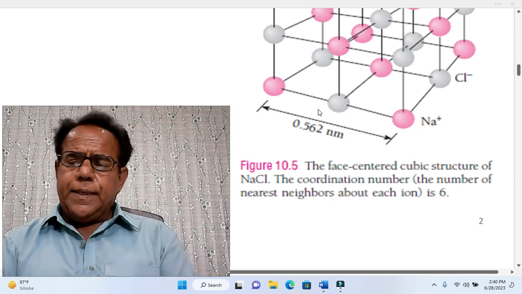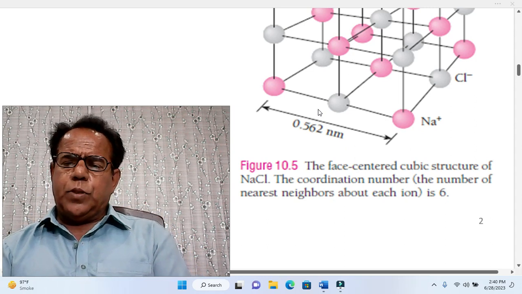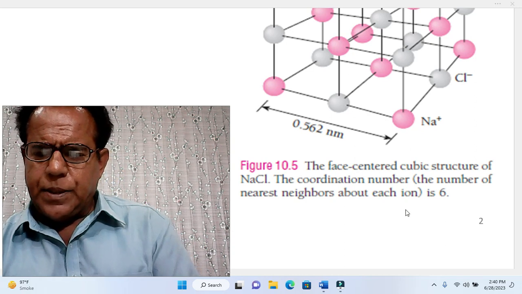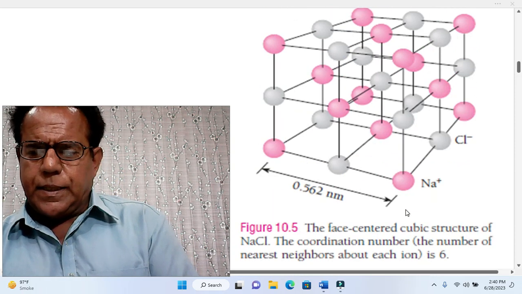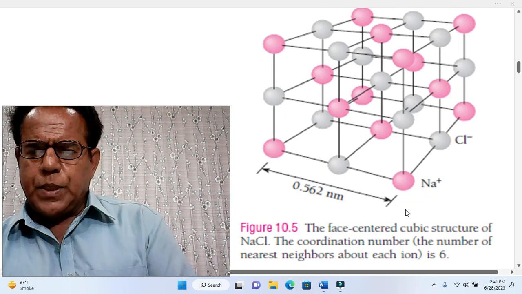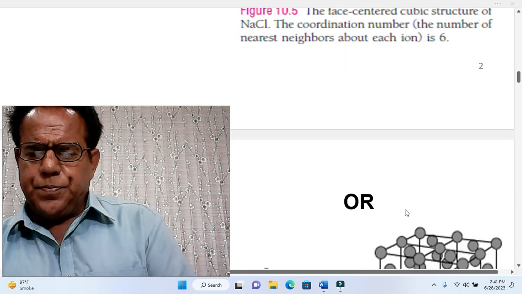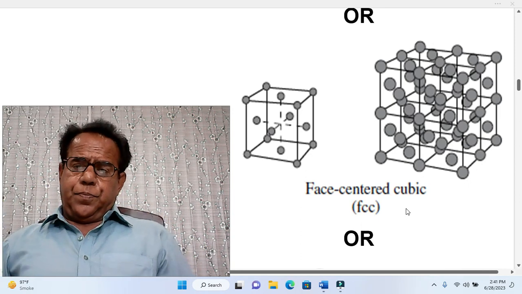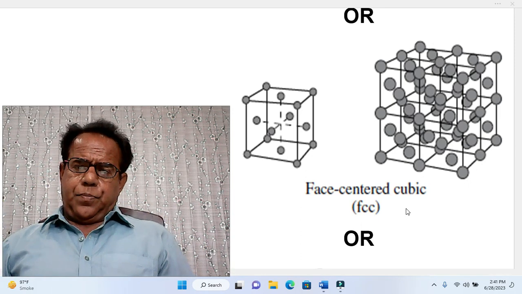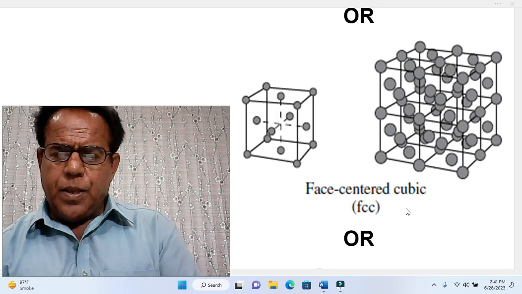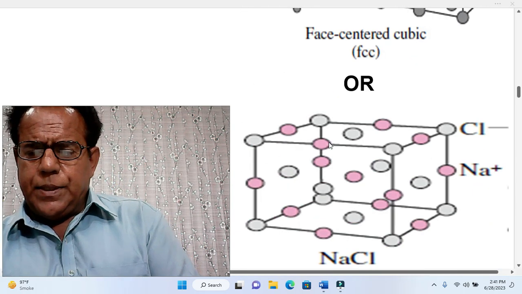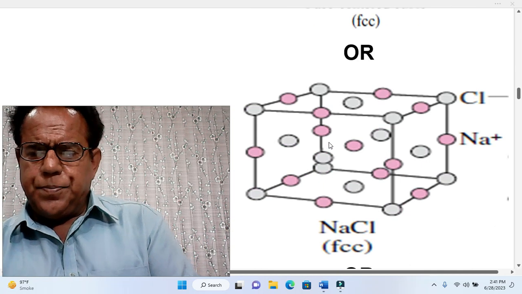The face centered cubic structure of sodium chloride, the coordination number, the number of nearest neighbors about each ion, is 6. Next version, sodium chloride.